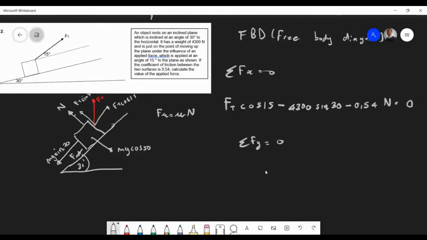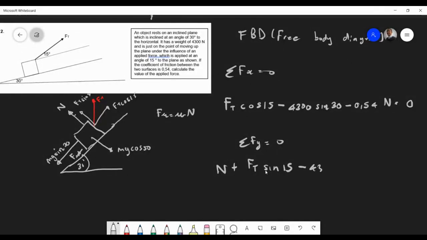So then here we're going to have n plus F_t sine 15. That's going to be equal to, or I can say negative, obviously, if you like. I'll just say negative. What's mg here?